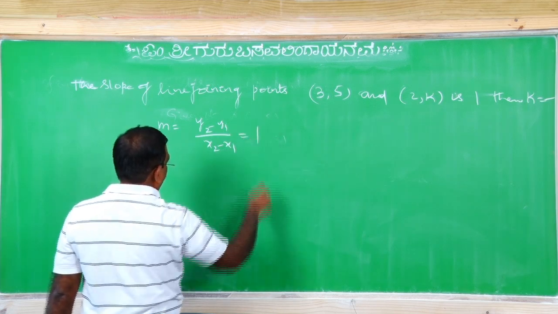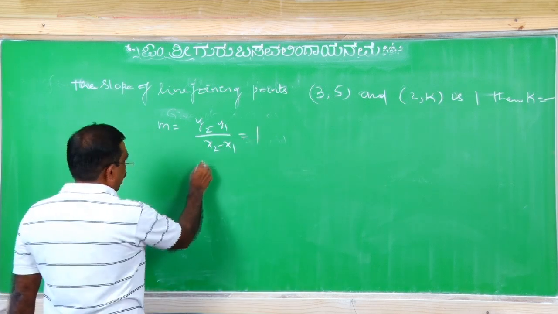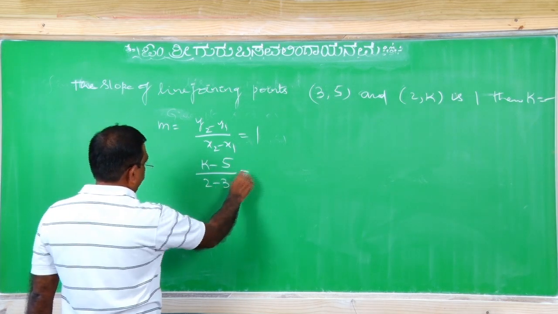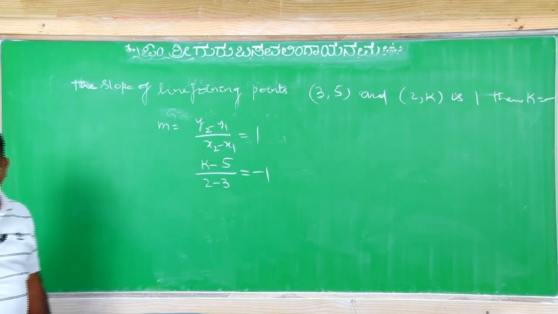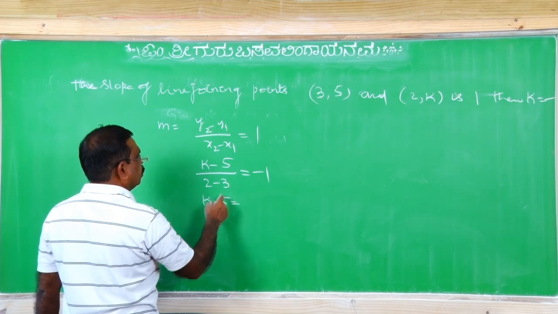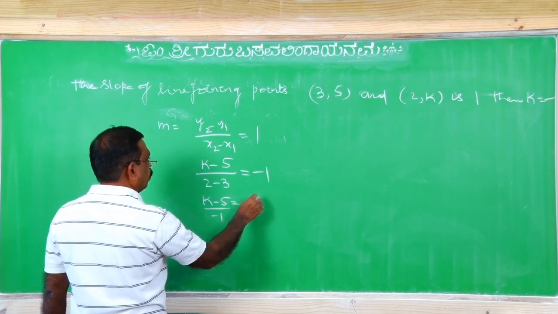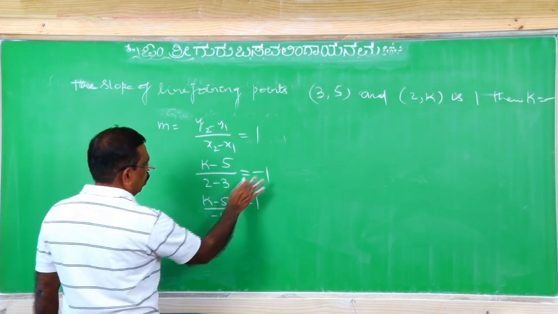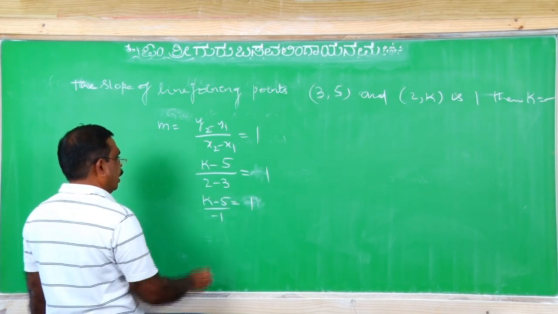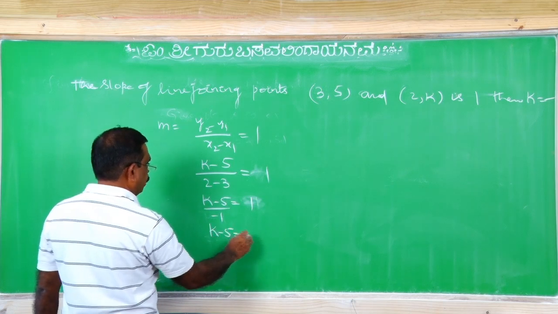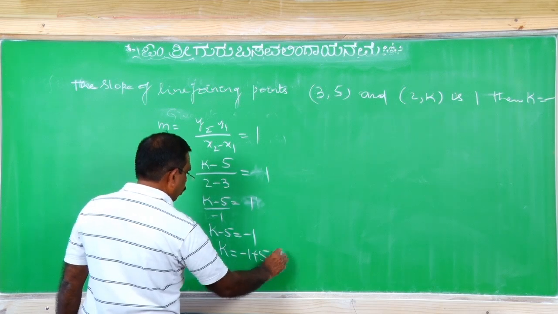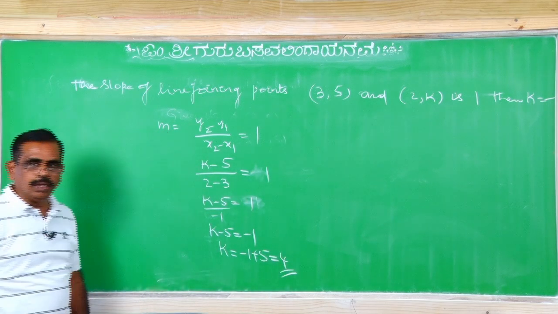They are given 1. So k minus 5 by 2 minus 3 is equal to 1. K minus 5 is equal to how much? Minus 1. K is equal to minus 1 plus 5. How much? 4. K value is 4.